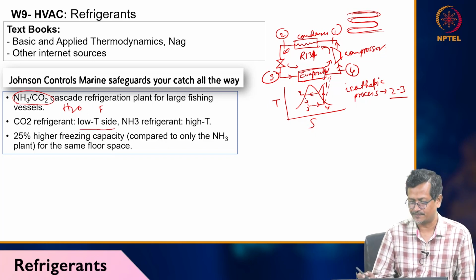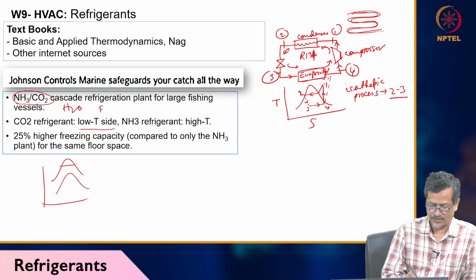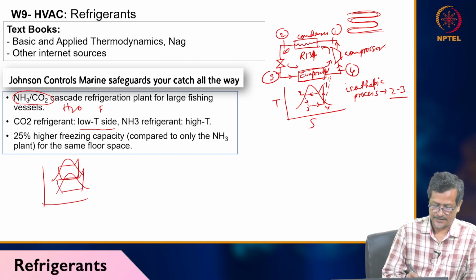For example, if I have a cascade system like this, one cycle, then another cycle. So one cycle is like this, then the other cycle will be like this. I'm not drawing properly, but normally it will be like this, with points 1 2 3 4 and P Q R S. So CO2 and NH3.